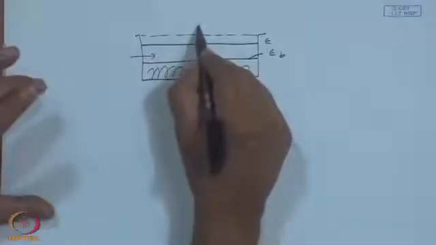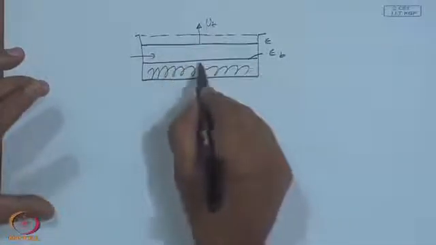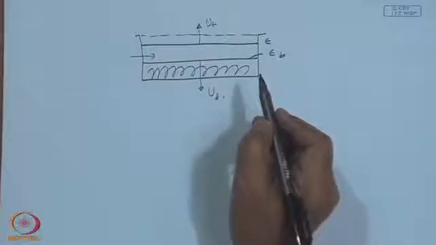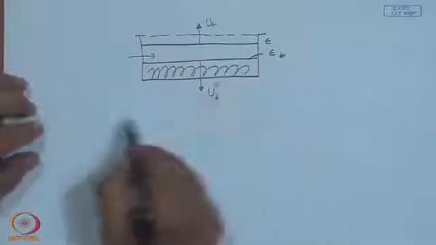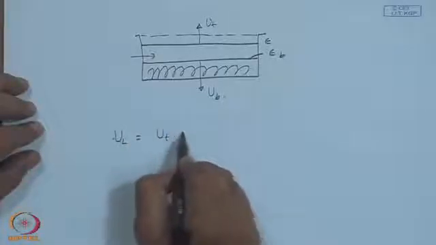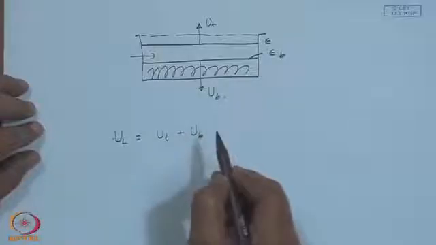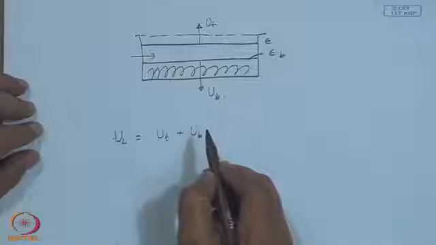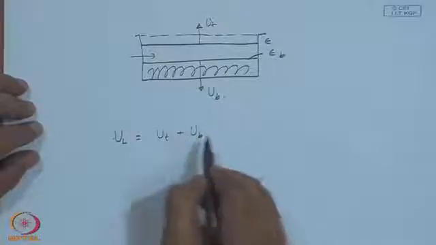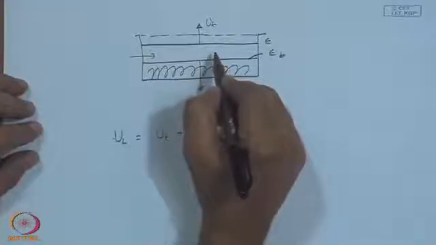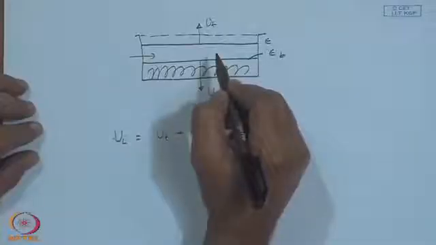And this is your U t and this is your U b, that is the bottom loss coefficient. So, for this configuration you have U L equal to U t plus U b. As pointed out earlier, the loss coefficient will be the summation of the top and the bottom loss coefficients when the fluid does not directly come in contact with a heat losing surface.